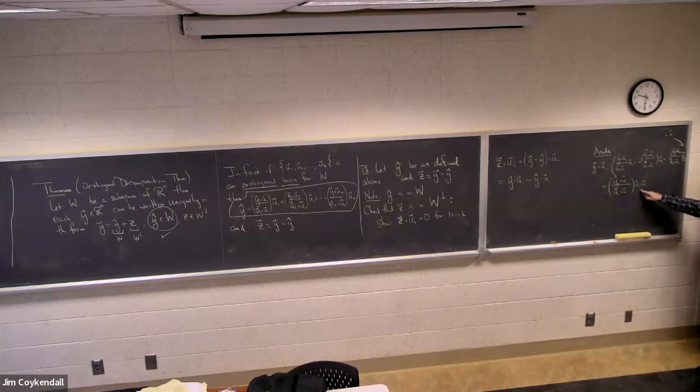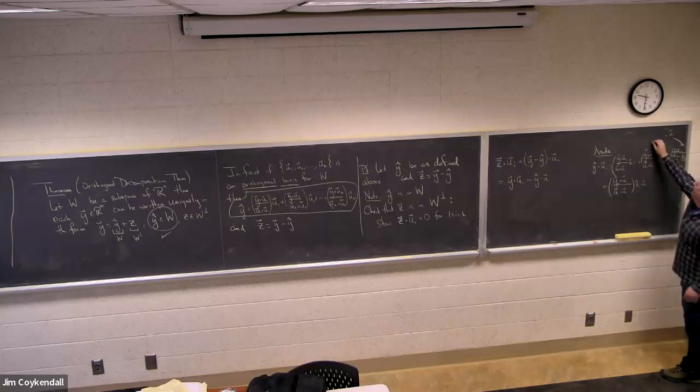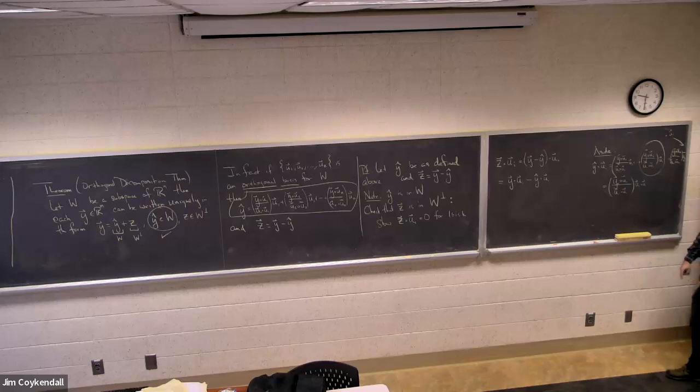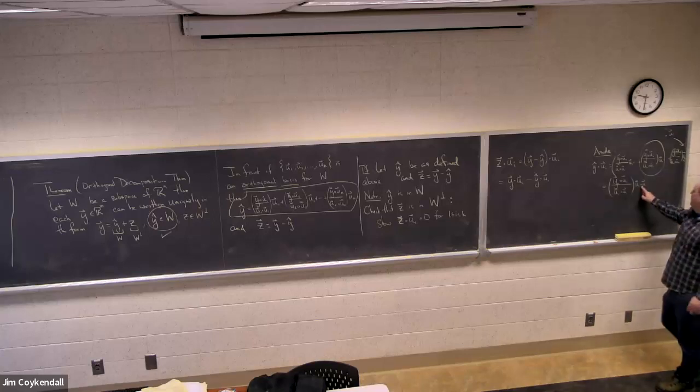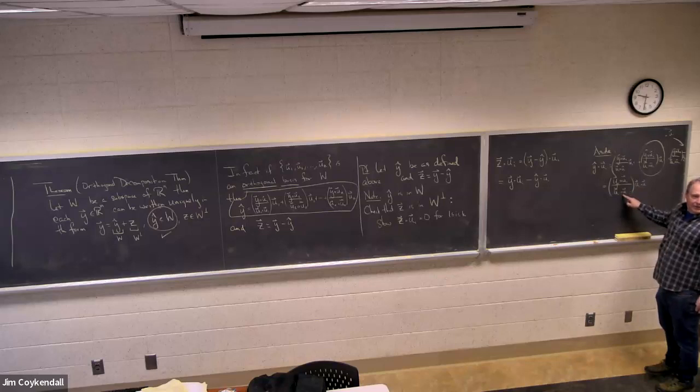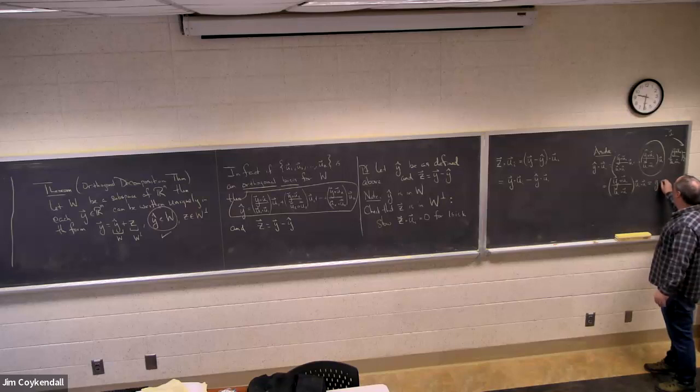Everything else is killed in battle. You see any way to simplify this? Right. This number is the same as the denominator, because remember, this is a number, right? So I get y dot ui.